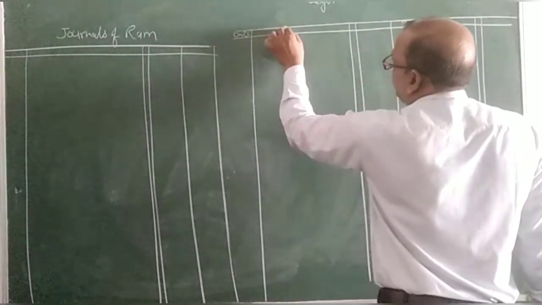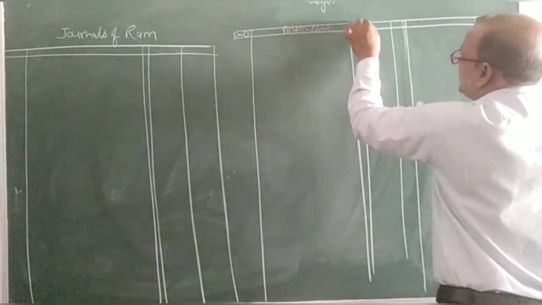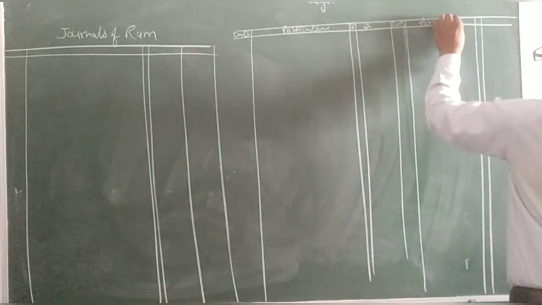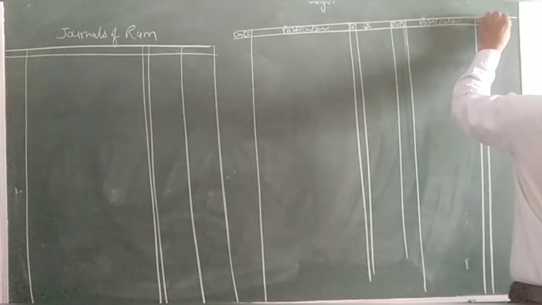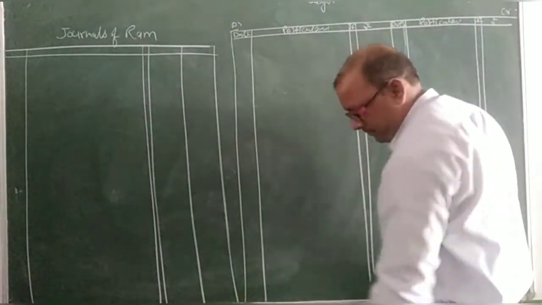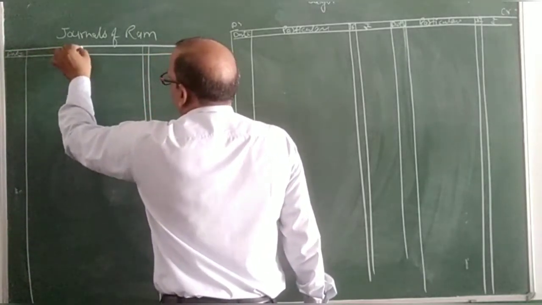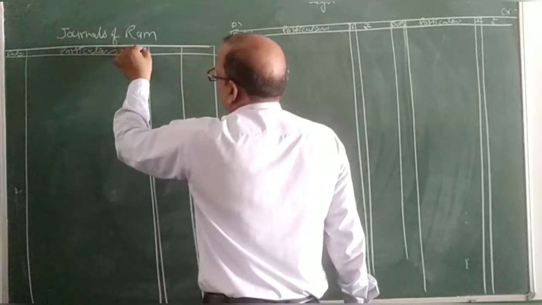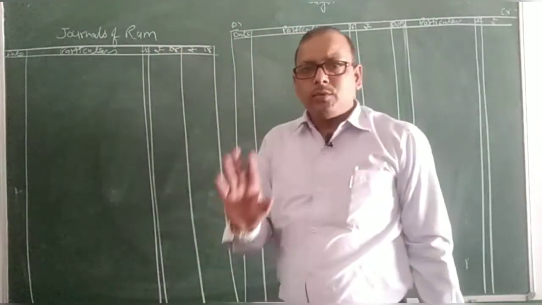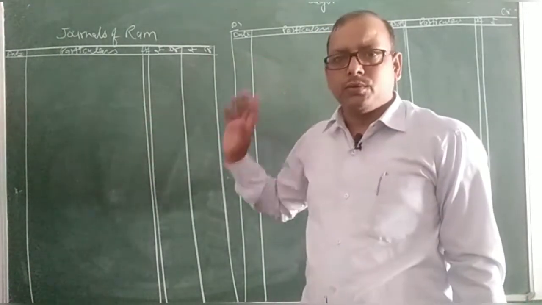Column names: date, particulars, LF, amount, date, particulars, LF, amount, credit side and debit side. In the journal, the column names are date, particulars, JF, amount debit and amount credit. So I am going to pass 5 transactions here and I will post them into the ledger.